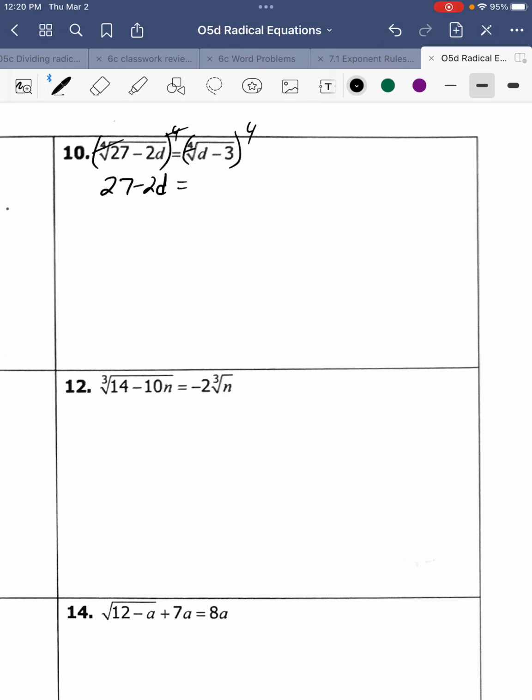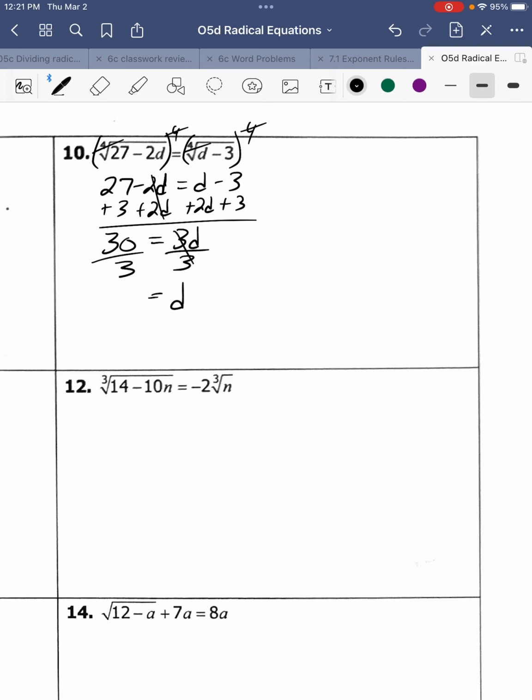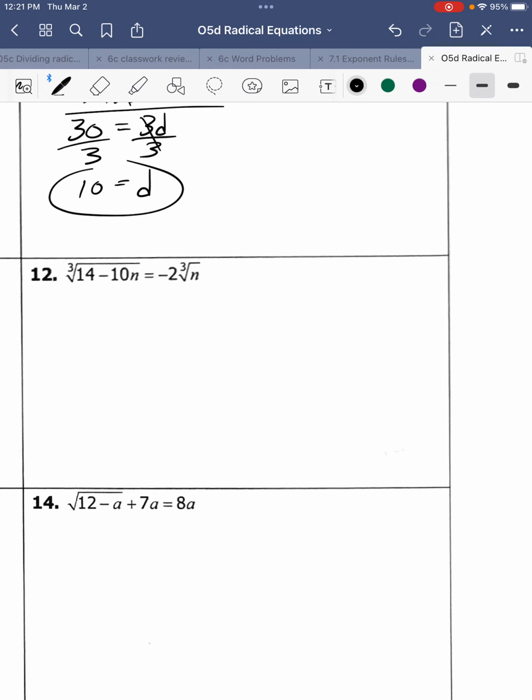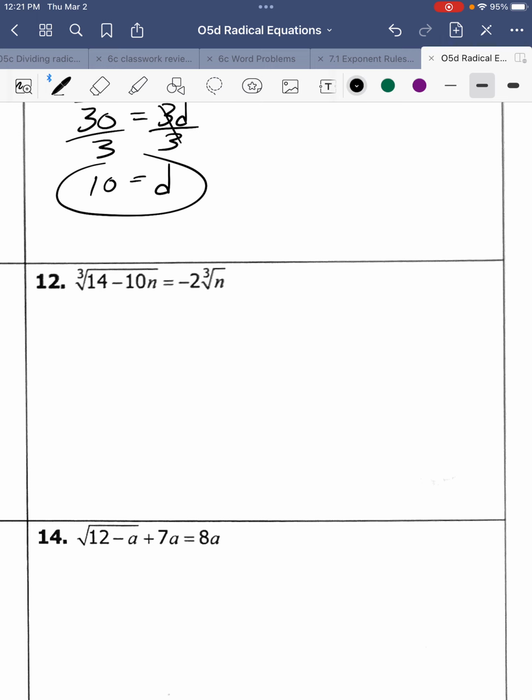Fourth root and fourth power simplify. And then we need to add. And we can add to the other side. So we get 30 equals 3d. Divide by 3, divide by 3. We get d equals 10. No quadratic in the problem, so we can leave it there.